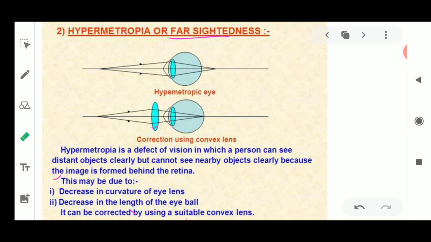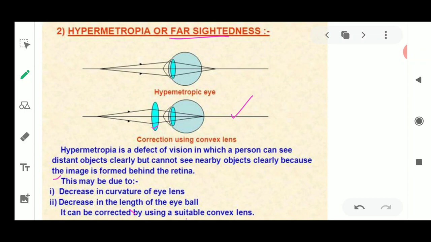Before going to the next defect, I must tell you that you should always practice these ray diagrams which are drawn here. As we practiced the ray diagrams in the light chapter, similarly you need to practice all these ray diagrams for the defects and the correction methods. This is frequently asked in the examination, where we need to draw these correction diagrams using proper labeling.